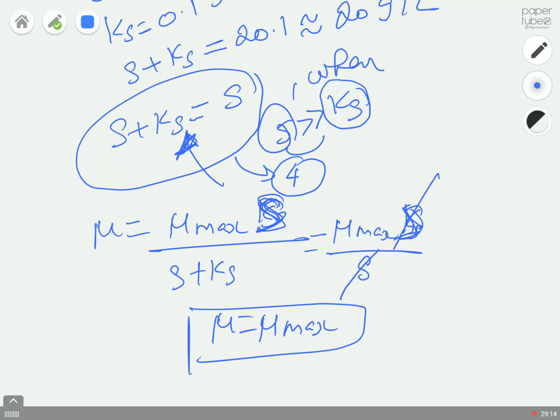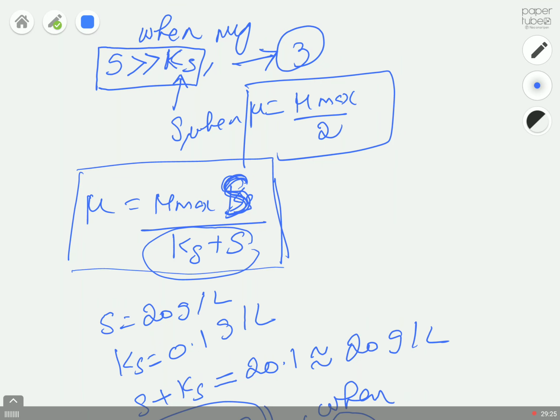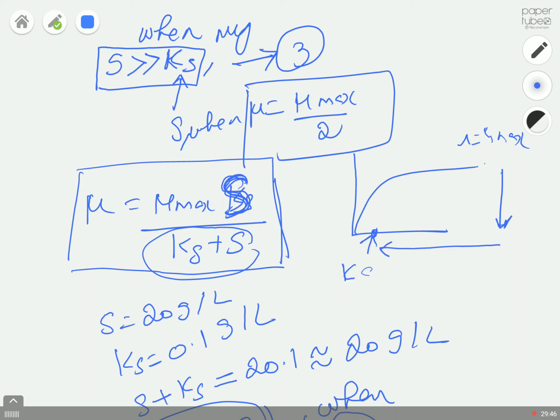One thing you can confirm from this expression is that your Monod expression actually predicts your experimental observation. If you perform a lot of experiments at higher substrate concentration, your mu is going to be mu max, especially at a substrate concentration much higher than your Ks value.